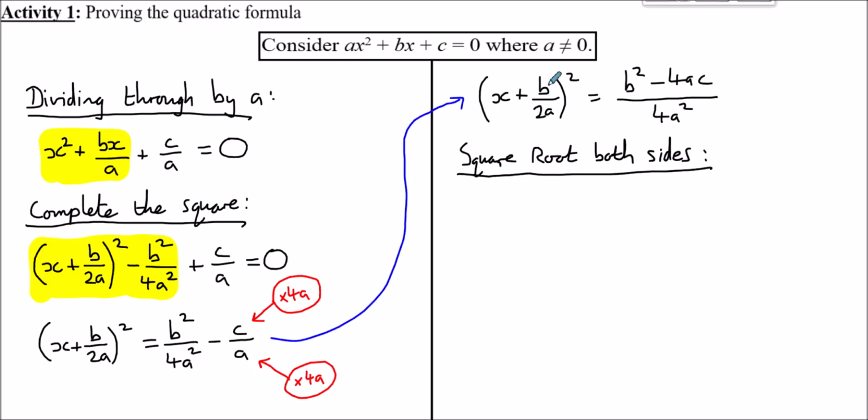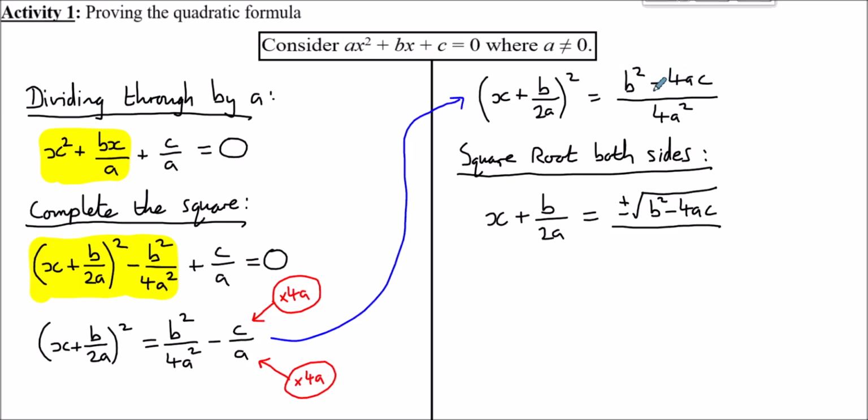So x plus b over 2a all squared becomes just x plus b over 2a. Remember, when we square root something on the other side, we always need to consider the plus or minus. And so we're going to have plus or minus the square root of b squared minus 4ac, so all of this square rooted.